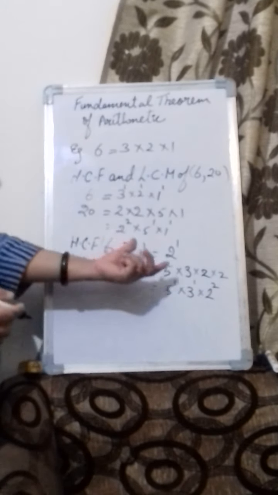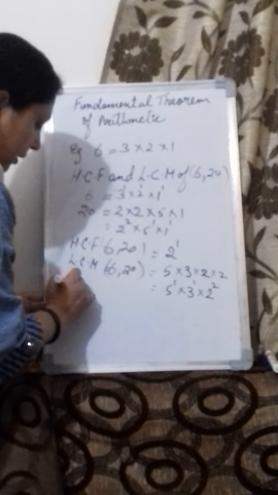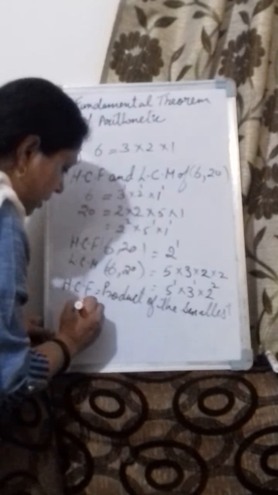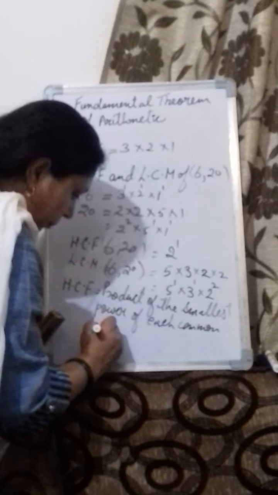Now if we see the conclusion, what we can say is that HCF is the product of the smallest power of each common factor of the numbers.